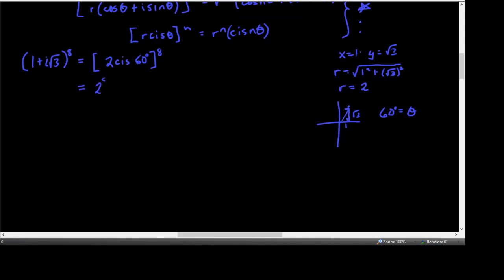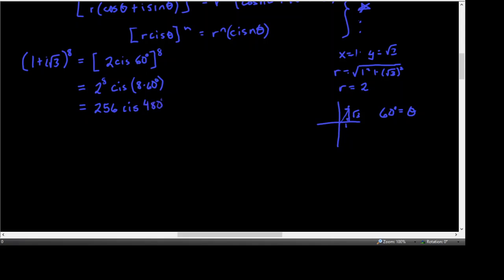That's 2 to the 8th cis 8, which is n, times 60 degrees. 2 to the 8th is 256 cis 8 times 60 degrees is 480 degrees.